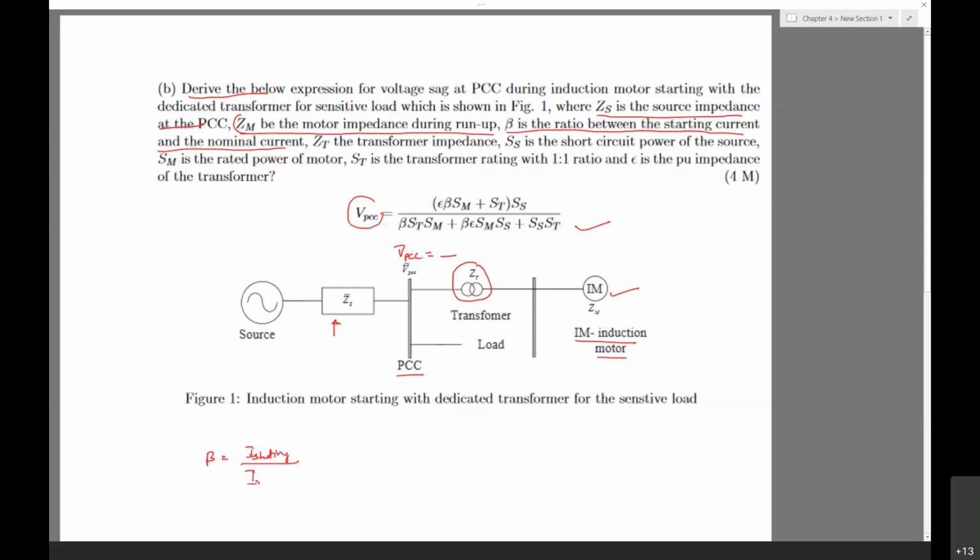ZT is the transformer impedance. Ss is the short circuit power of the source, Sm is the rated power of the motor, and St is the transformer rating, with a 1:1 ratio. Epsilon is the per unit impedance of the transformer.